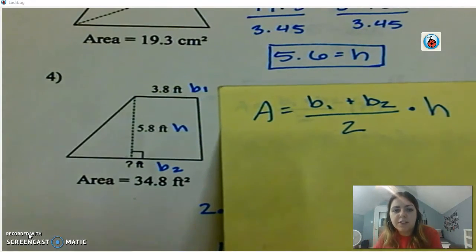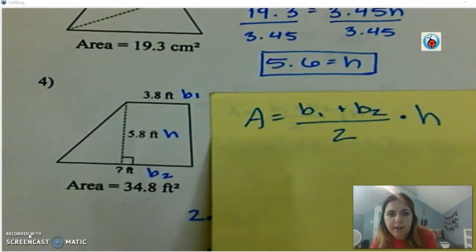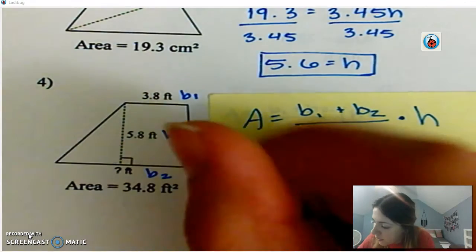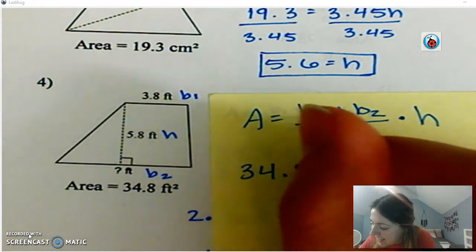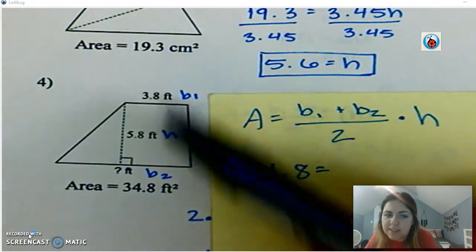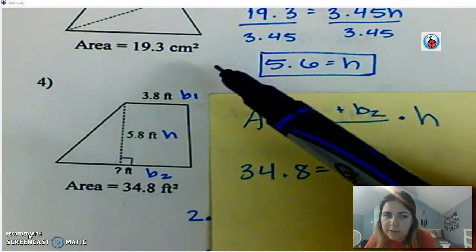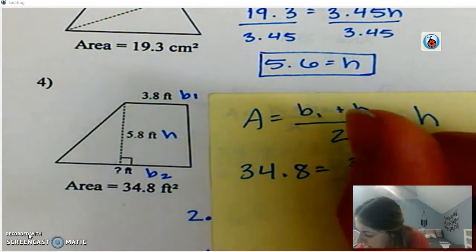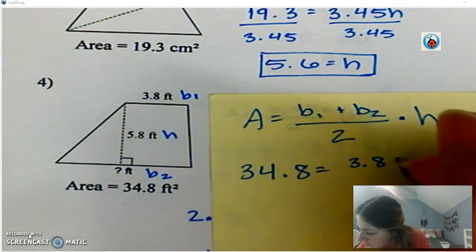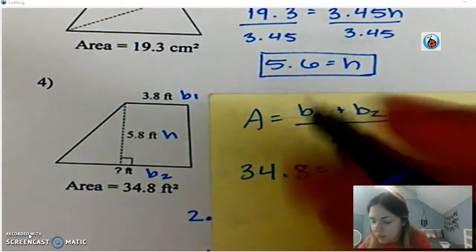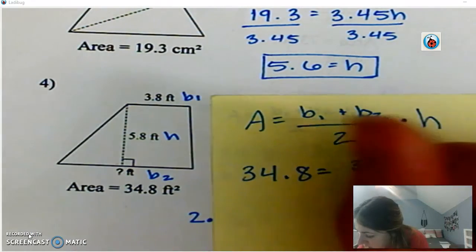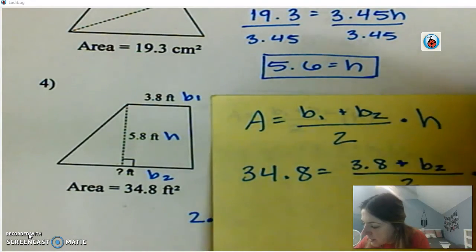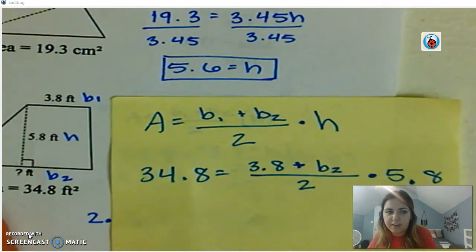So you take the average of the bases multiplied by the height to find the area. I know area is 34.8 equals base 1 and base 2. It doesn't matter how they're labeled, but I always list the top as base 1. So I'm going to plug in 3.8 plus, I don't know what this is, so I'm just going to write B2, over 2 times my height, which is 5.8. Now you can see that better.